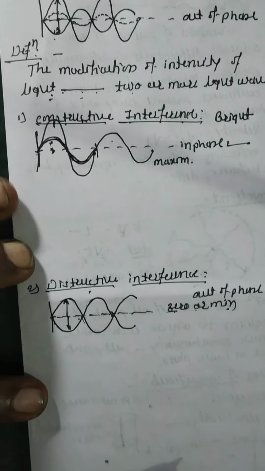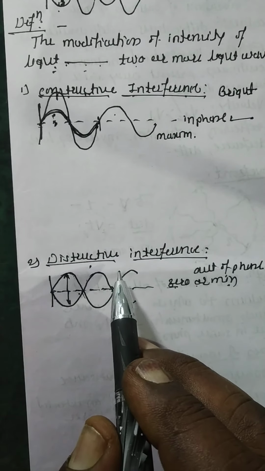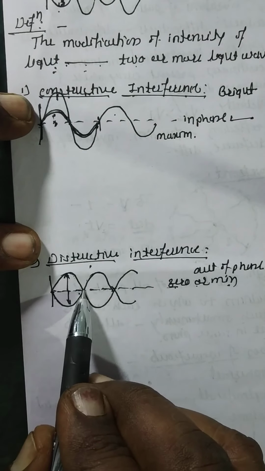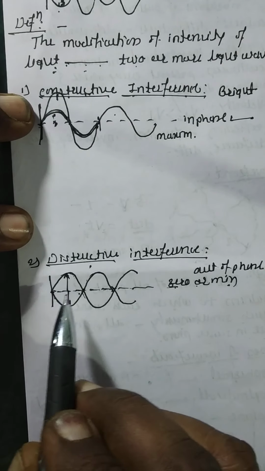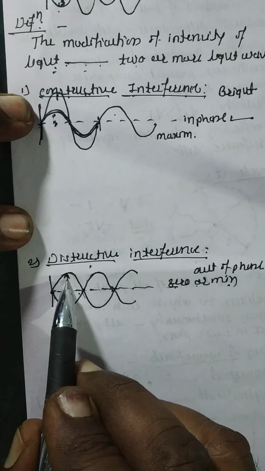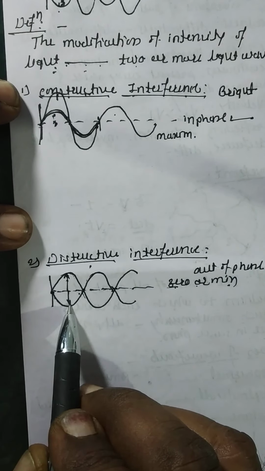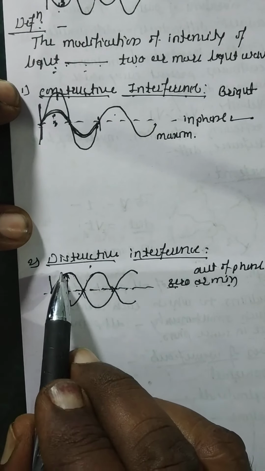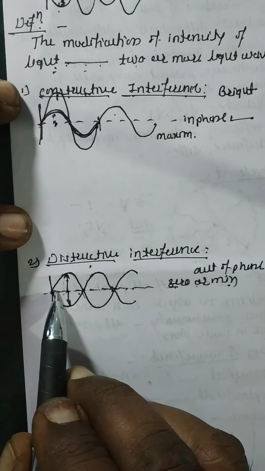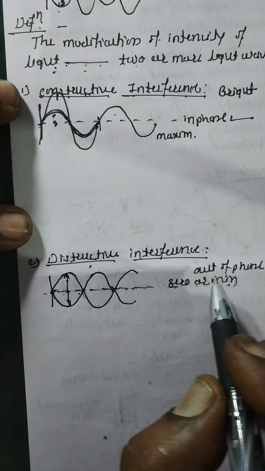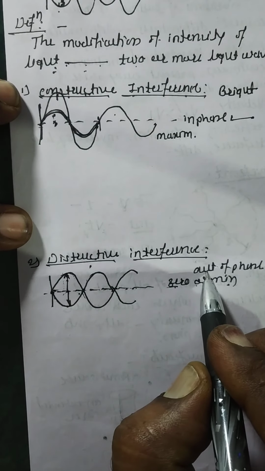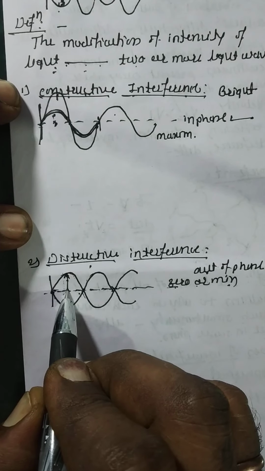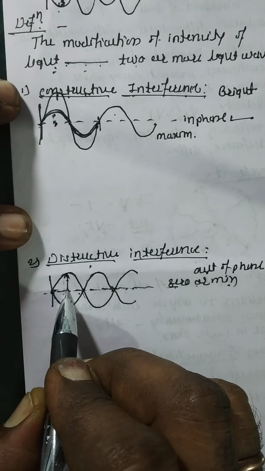In this case, destructive interference. When two waves having equal wavelength and amplitudes traverse through a medium and are out of phase, then resultant intensity at that point is minimum or 0.